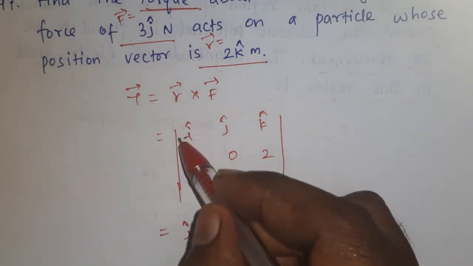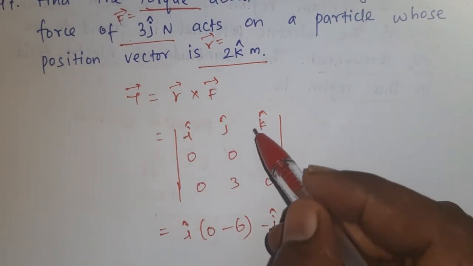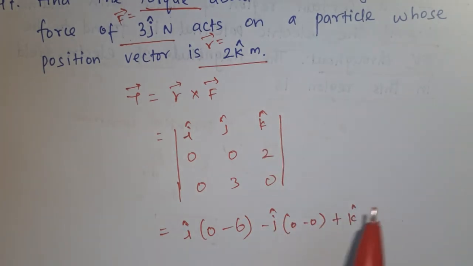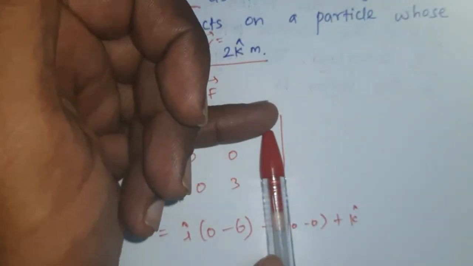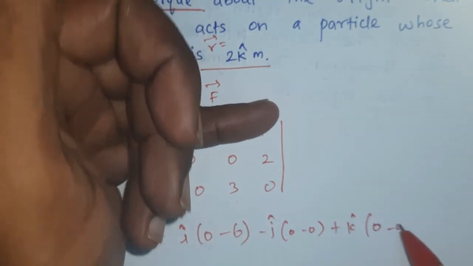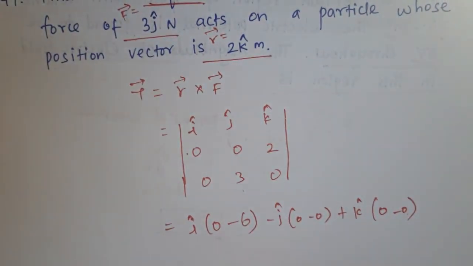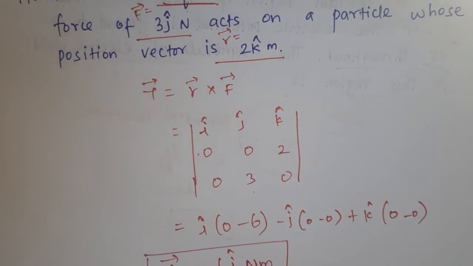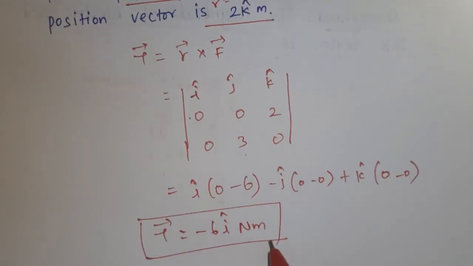So here plus, here minus, here plus. Here 3 zeros are 0, 0 zeros are 0. Now minus 6 i cap. So the torque is minus 6 i cap, and the unit of torque is Newton meter. This is the answer.